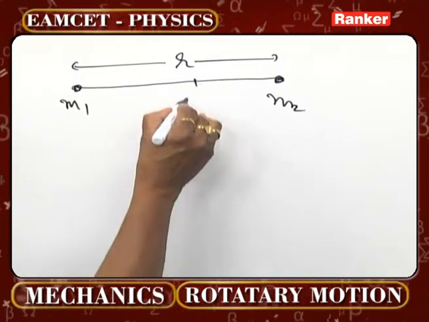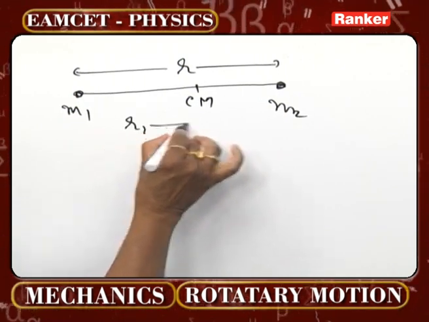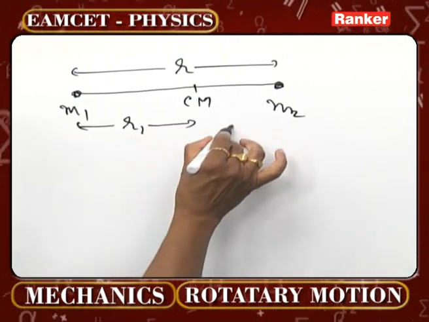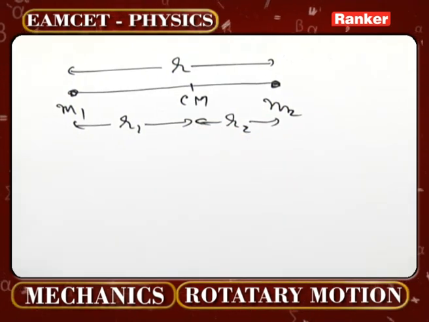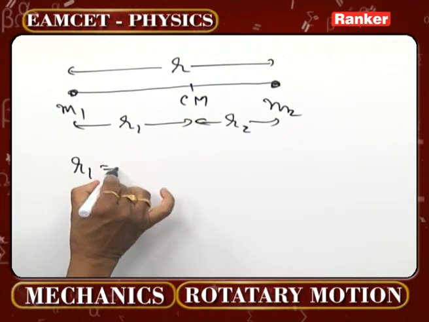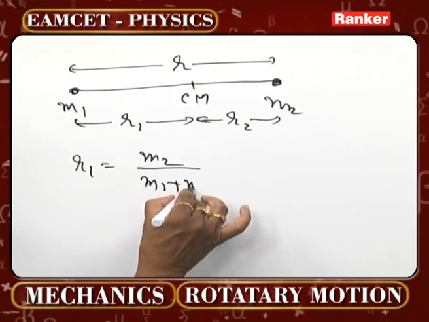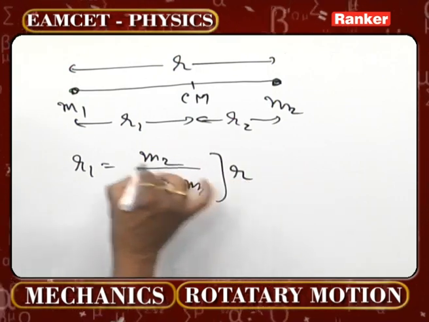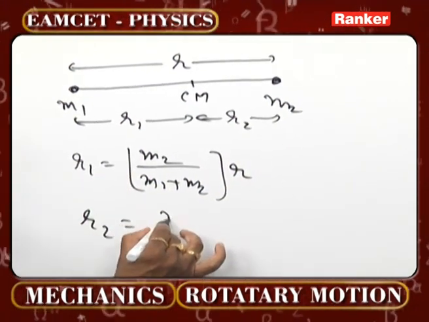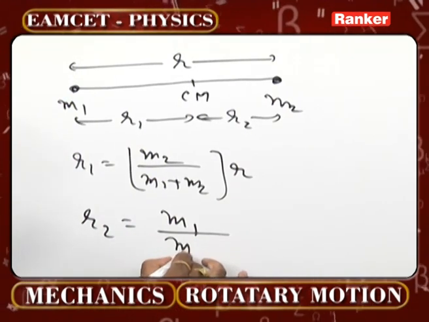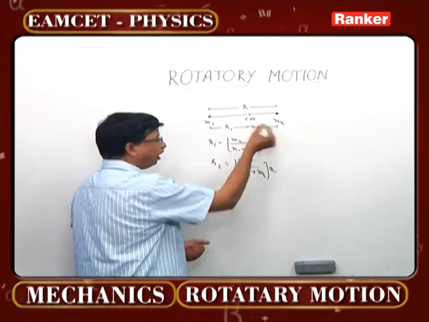Now if I take this as the center of mass of the system, the distance to the center of mass from the first body I take as r1, from the second body r2, then I can write directly r1 will be m2 by (m1 plus m2) into r. That is the formula. And the second one, r2 is equal to m1 by (m1 plus m2) into r. That is the equation for r2.